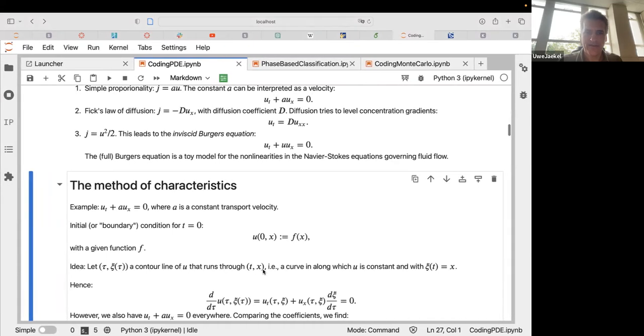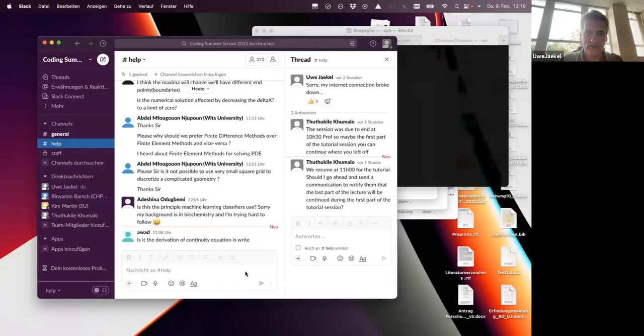Okay. So, if there are no questions from your side, we have several options. One option might be that we could solve, for instance, another differential equation using the method of characteristics, using Python.